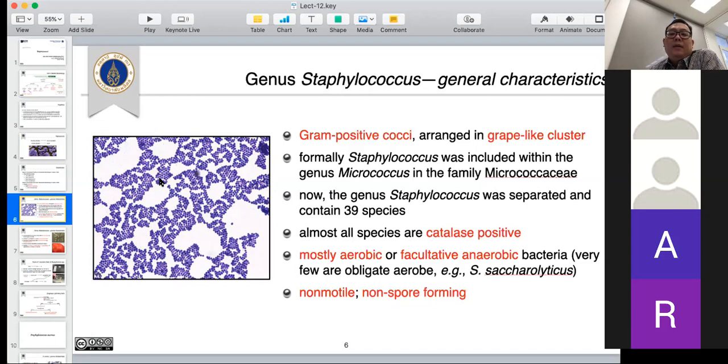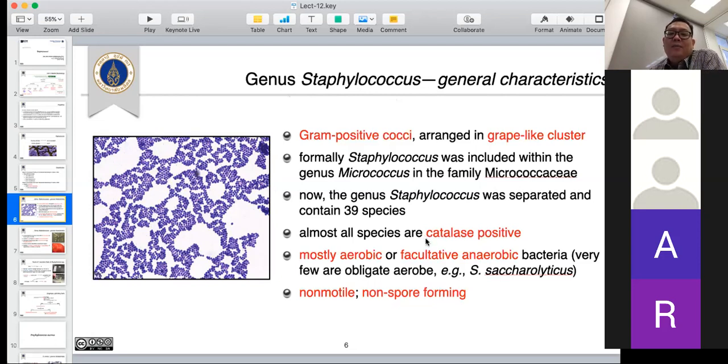They comprise so many species, but this is what will probably help you remember almost all Staphylococcus, I mean 95% or more. Let's say these are the characteristics.